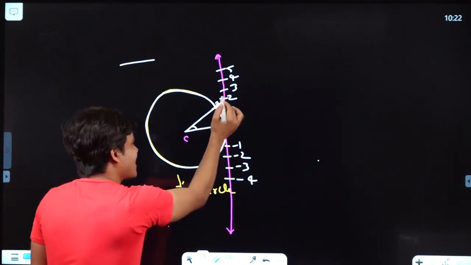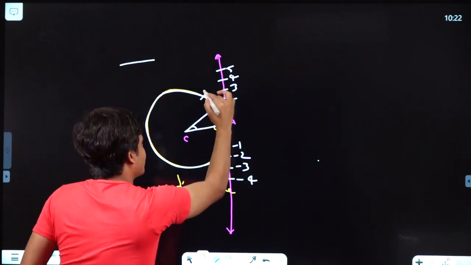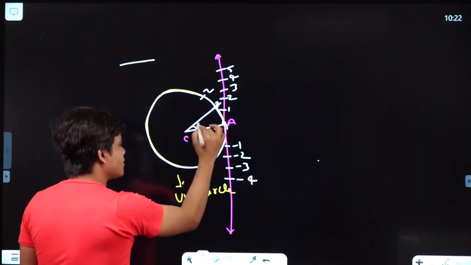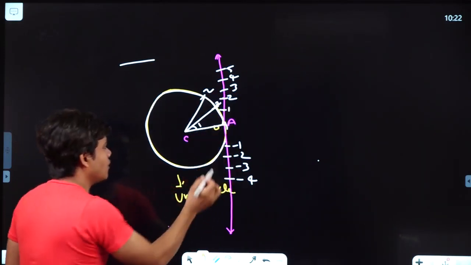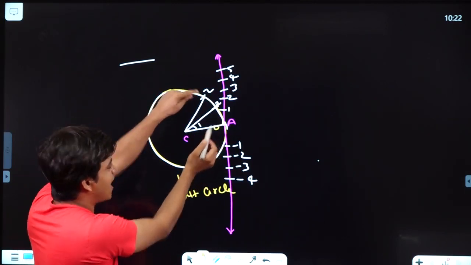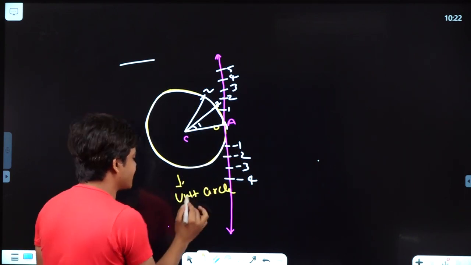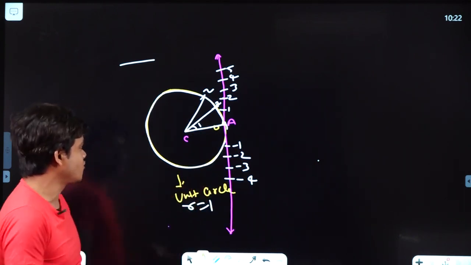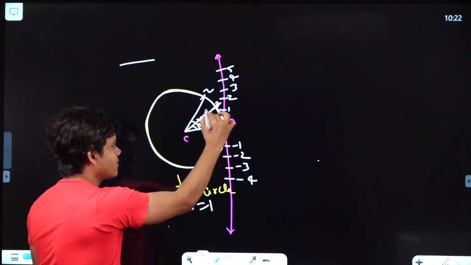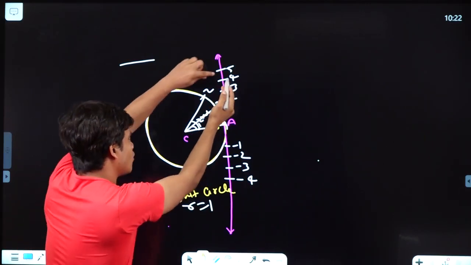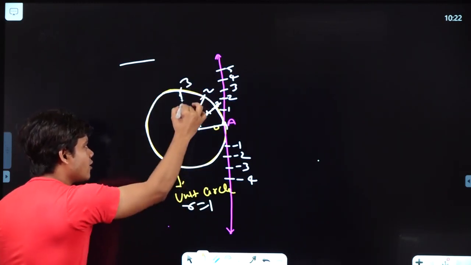Another time, when we roll this, this point will be over here, and this is 1 radian. But if we join these two, now our arc length is 2 unit, and 2 by radius, because this is a unit circle, therefore radius is 1, and certainly this will be 2 radian.